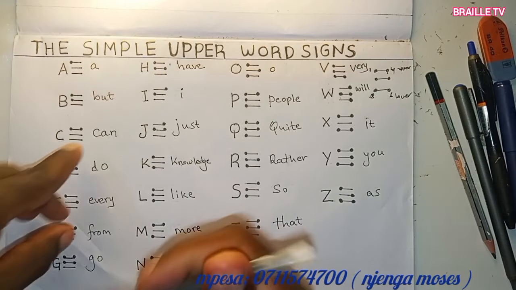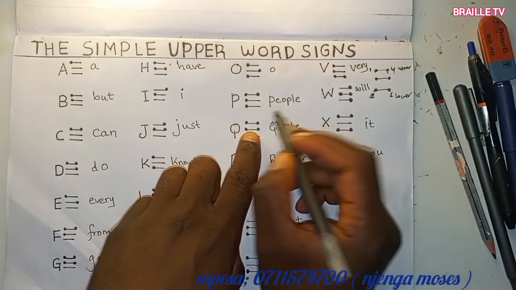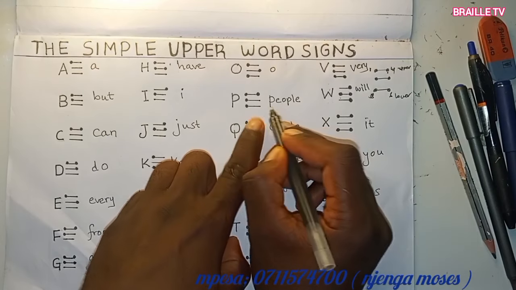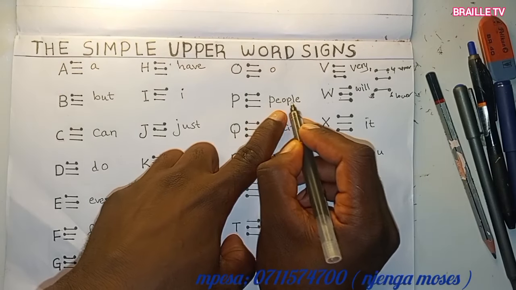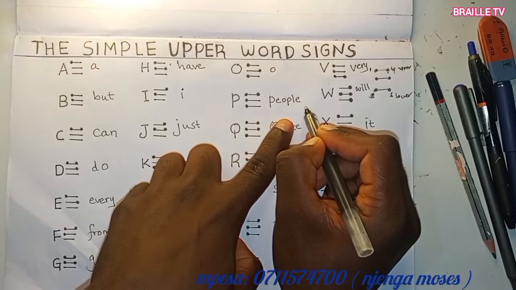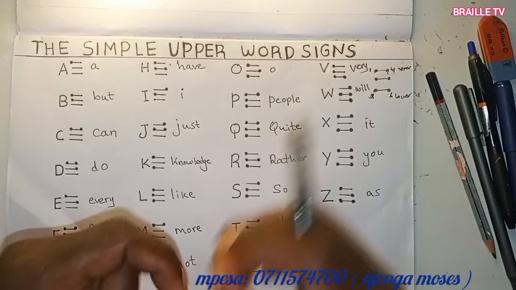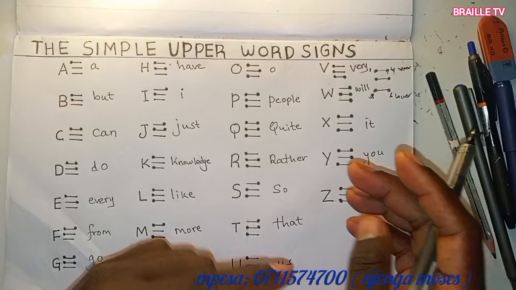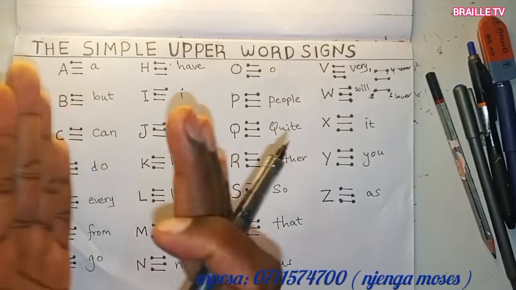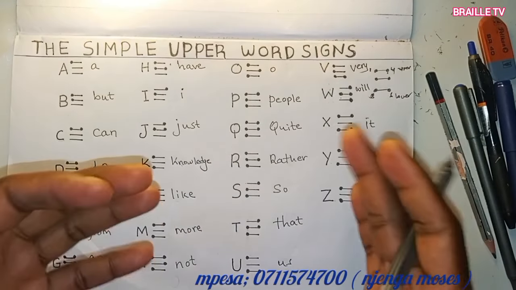That means if you get any word, for example the word people, if you want to write the word people, do not write P-E-O-P-L-E. No. Just write letter P to represent people. But the word must be standalone, not added to any letter. It must be preceded and followed by a space or a punctuation.